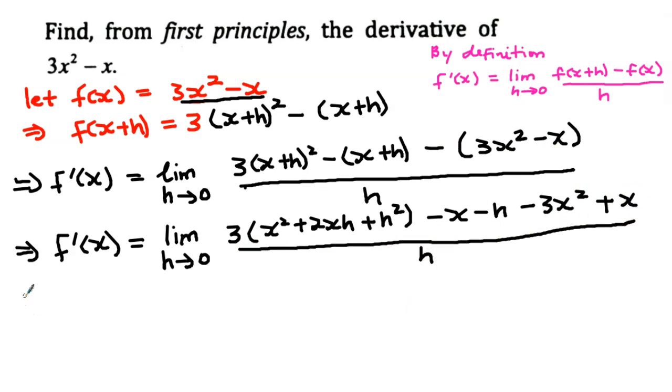We are making a headway. This implies that the first derivative of f of x is equal to the limit as h approaches 0.